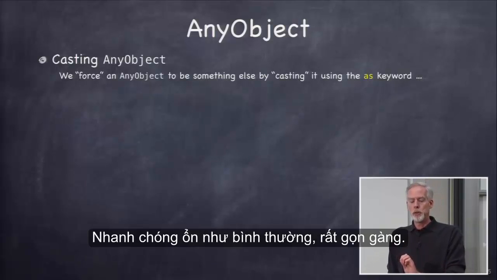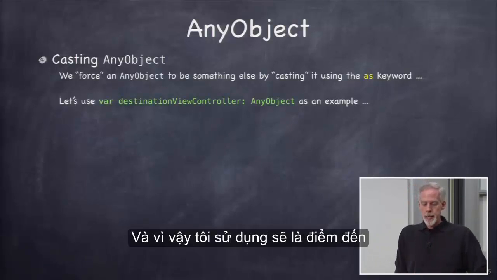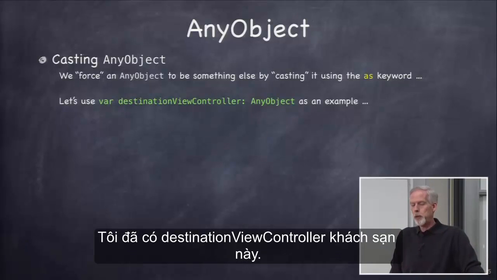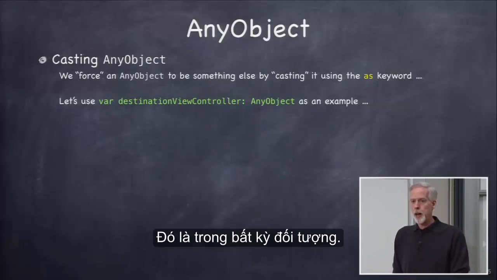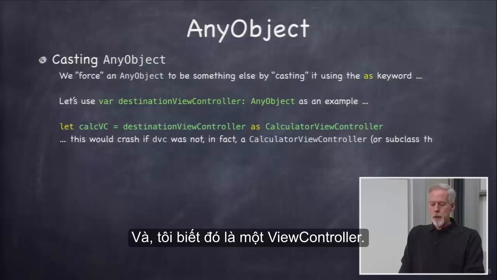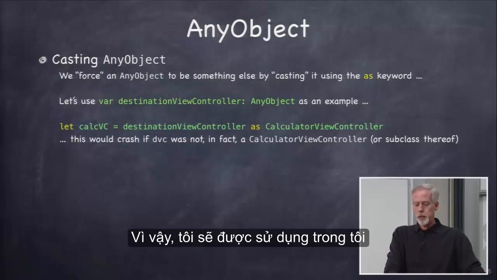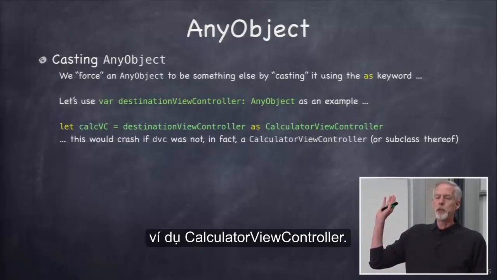Okay, Swift, as usual, very succinct. And so I'm going to use that destination view controller thing as an example. So I've got this property, destination view controller. It's an any object. And I know it's a view controller, and I think it should be a calculator view controller. So I'm going to be using in my examples calculator view controller.